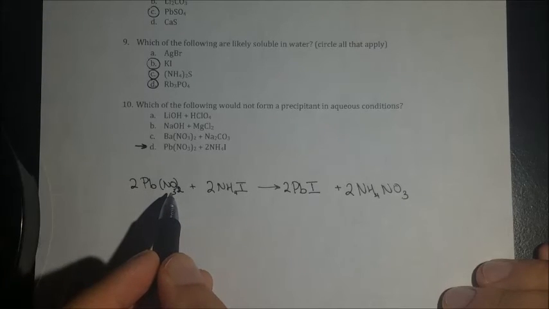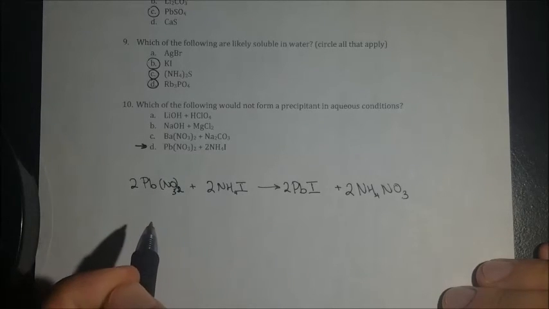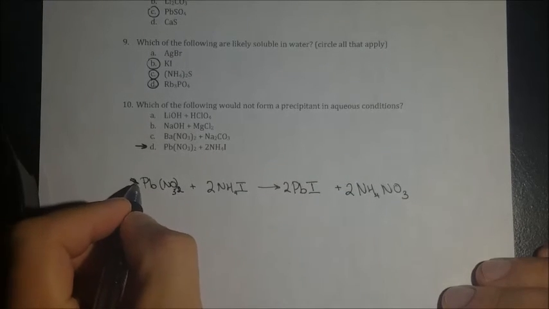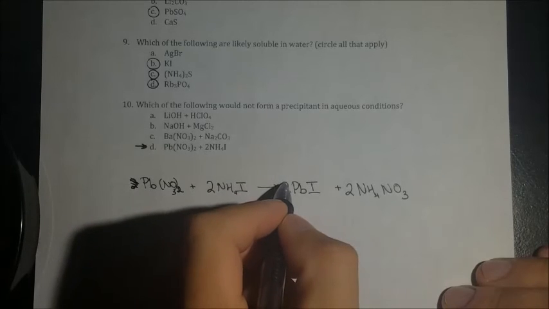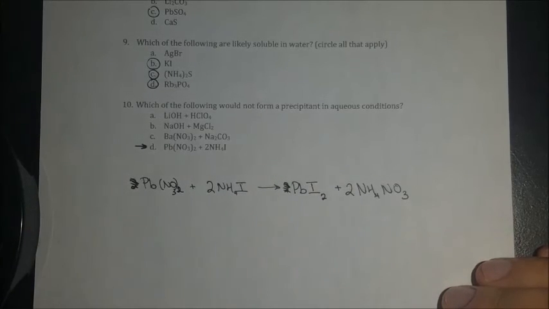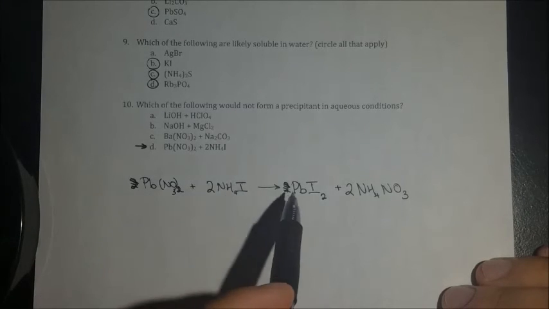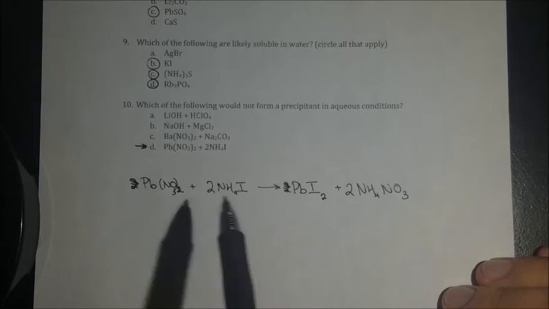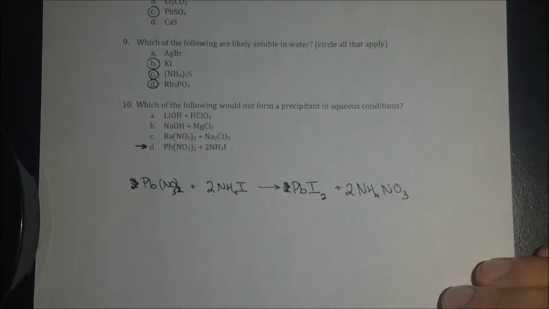Now we have 4 nitrates. Oh, I made a mistake here. I forgot that it's lead 2 iodides, so there's going to be 2 iodides right there. Okay, so we got lead and 2 iodides, 2 ammoniums, and 2 nitrates. Good, so we have a balanced chemical equation.